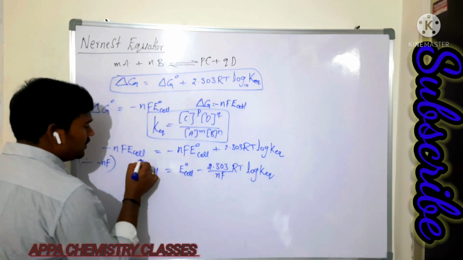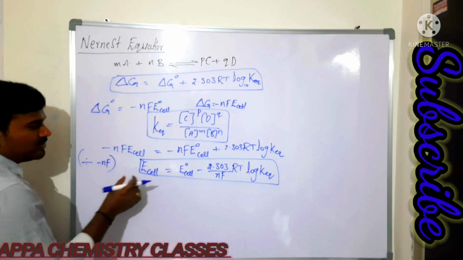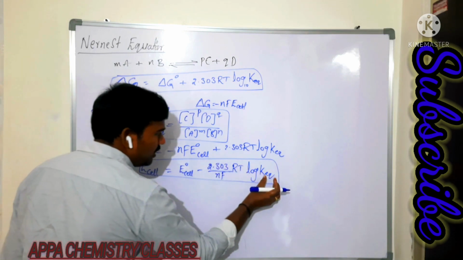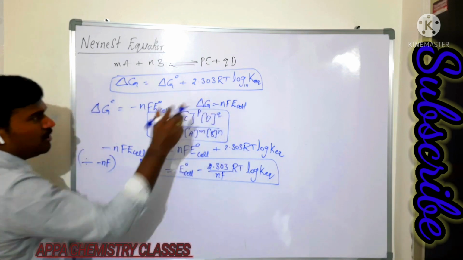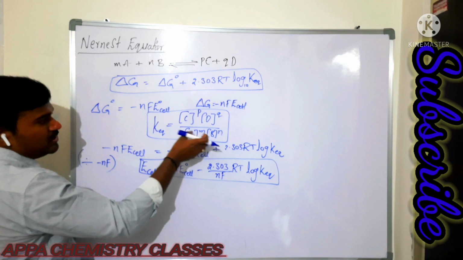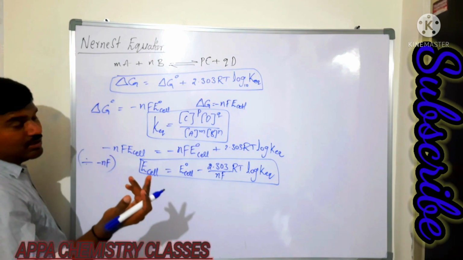Now you see, this is the relation which gives the quantitative relation between electrode potential and the equilibrium concentrations of reactants and products, that is product concentration to reactant concentration. That relation we will get at different concentrations.